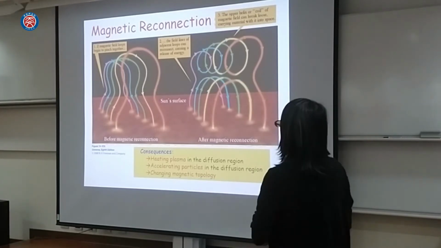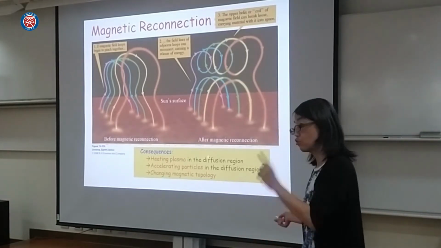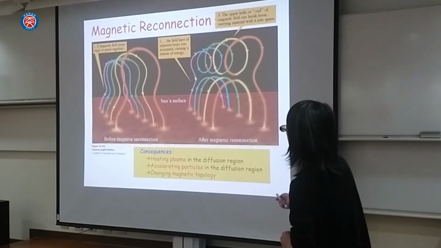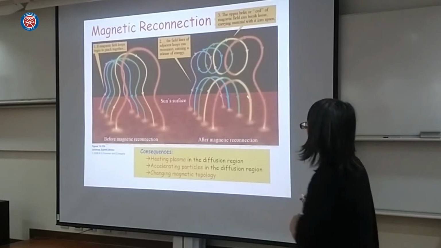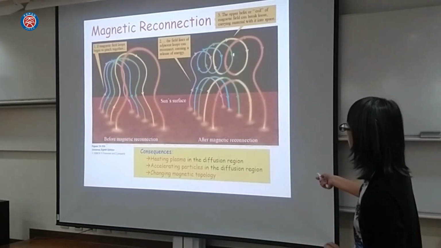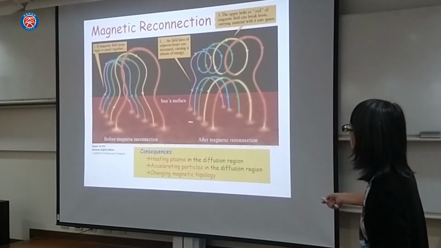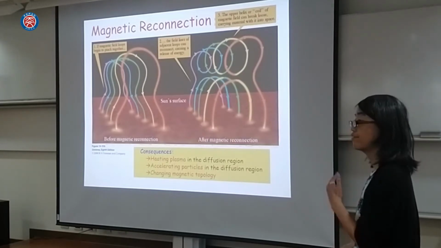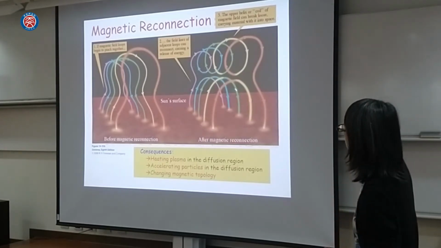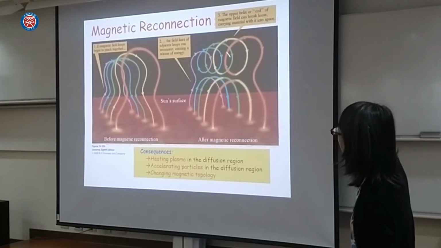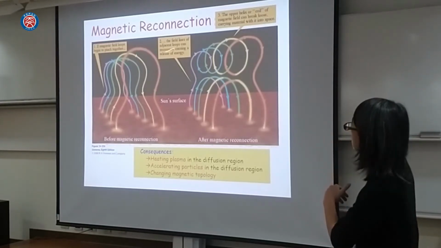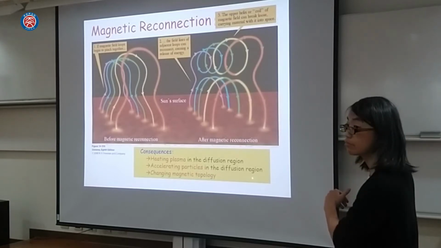After the reconnection, which should occur at this height, you can see below the reconnection site there are lots of arcade fields, and above the reconnection site there is something like a hexagonal magnetic field structure.